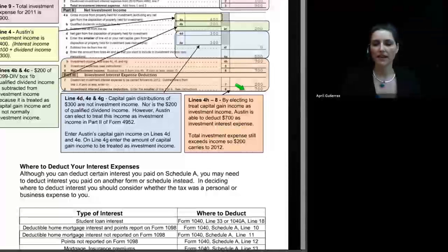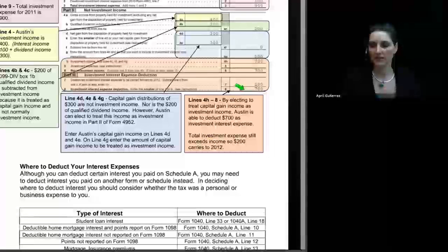So he could take only $200 as an investment interest expense deduction, or he can elect to treat capital gain income as investment income. And if he does that, he can add $500 of investment income to the investment income total, and then his deduction could be a full $700. But no matter what, he's still going to have $200 that he can't claim, and he carries that forward.